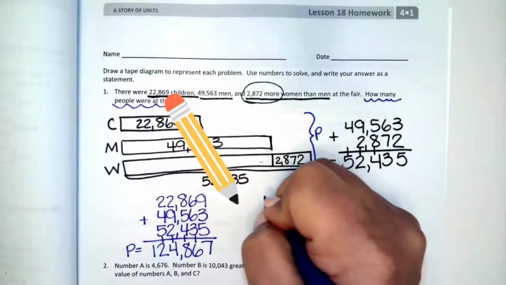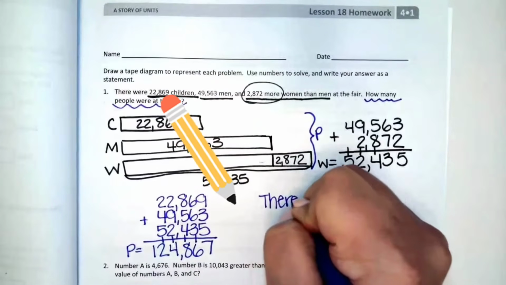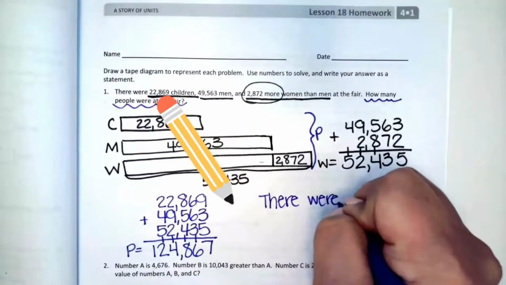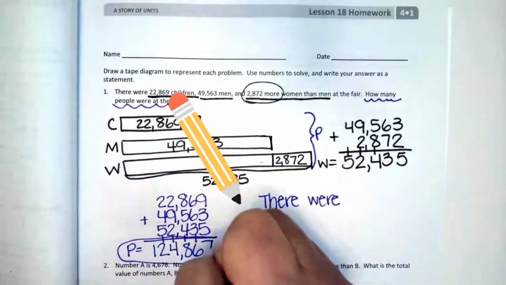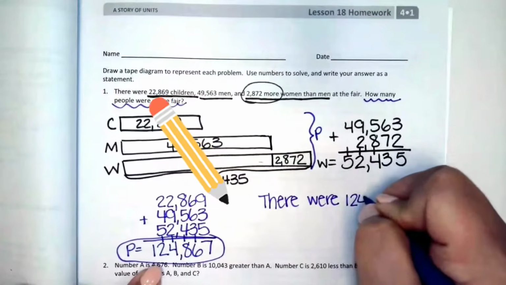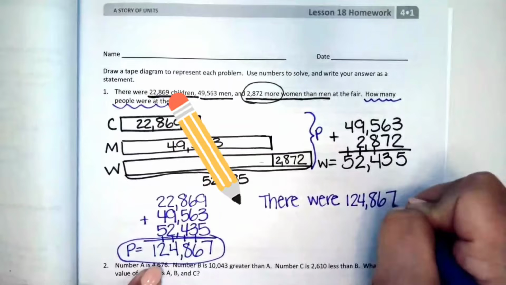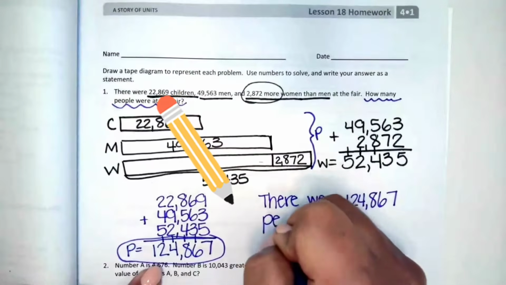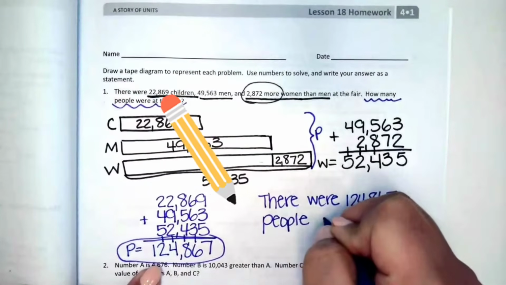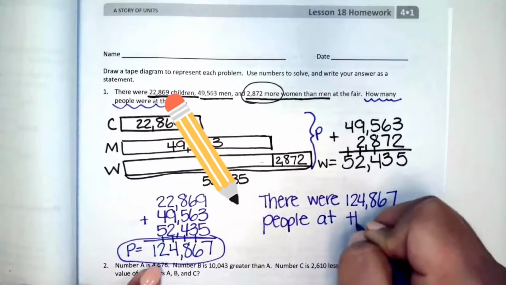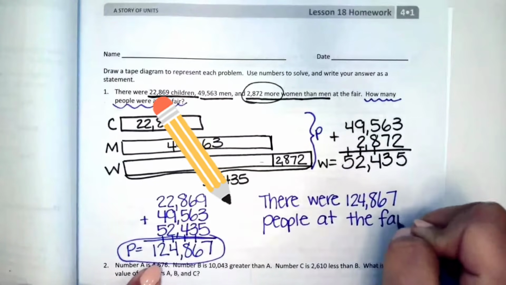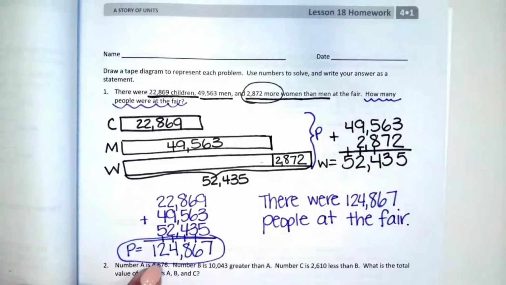So we could say there were, here's our final answer for people, 124,867 people. Where were they? At the fair. There we go.